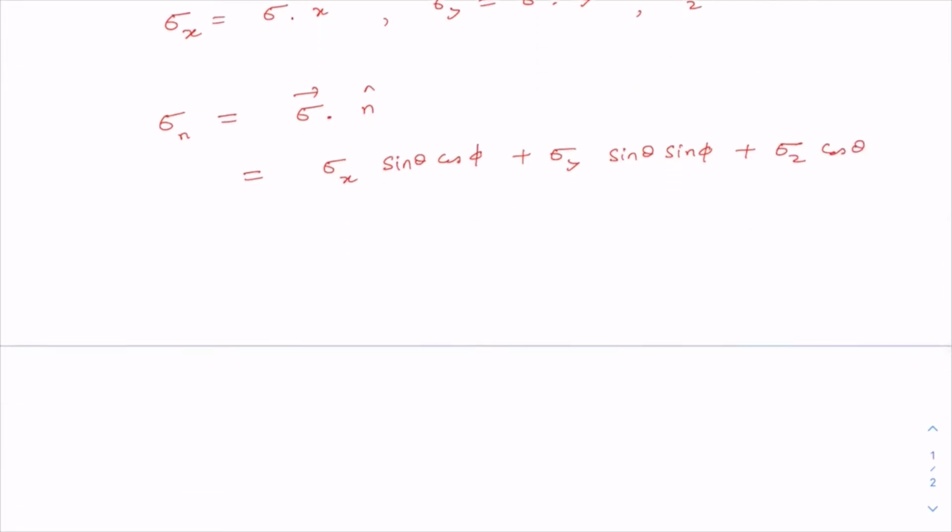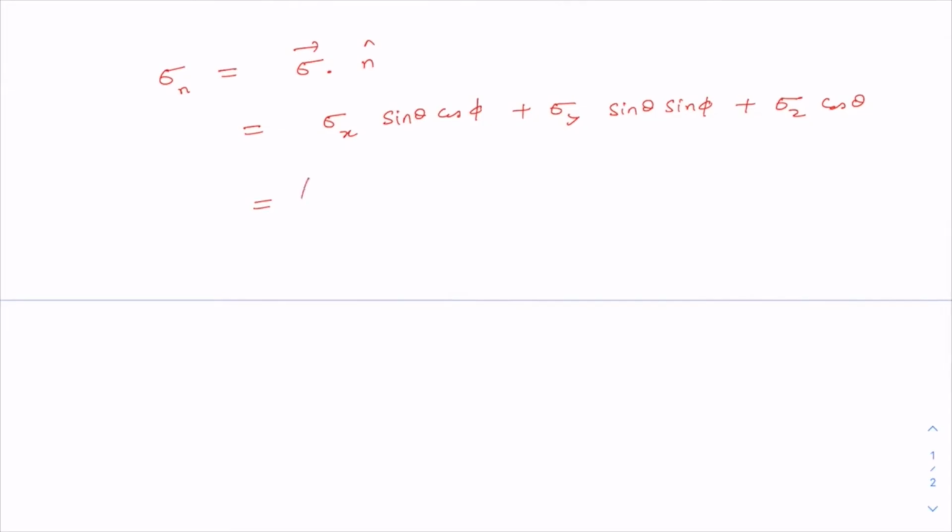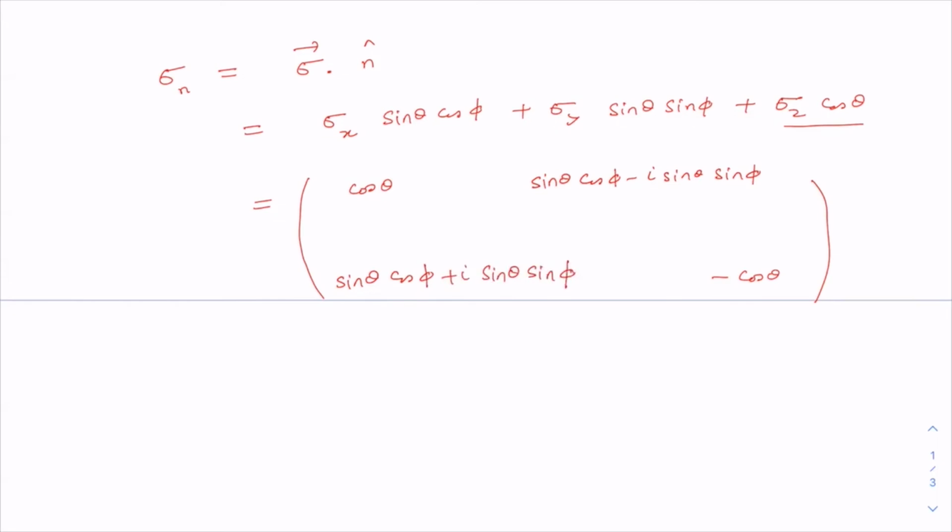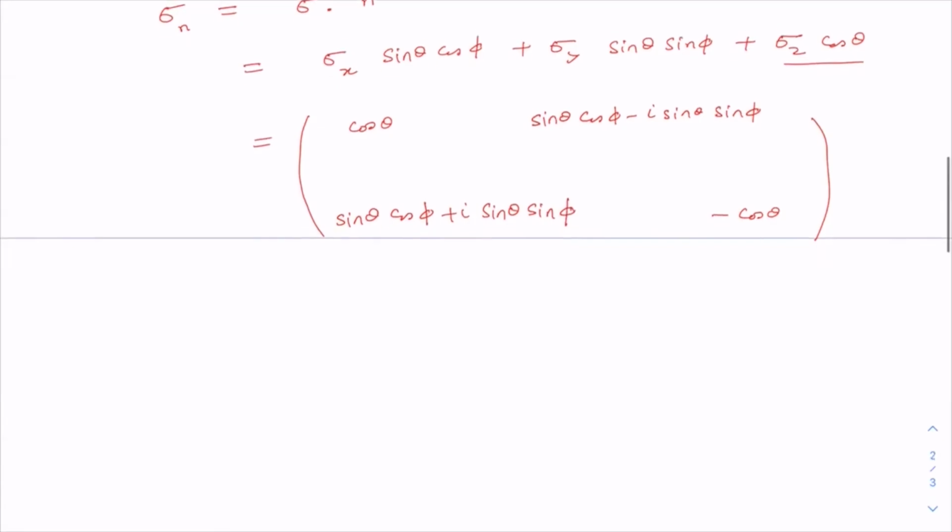Now I know the matrix forms of sigma x, sigma y, and sigma z, so I can write the whole thing as a 2 by 2 matrix in this form. I will have here cos theta because of this, and here I will have minus cos theta. Then because of sigma x and sigma y, I will have here sine theta cos phi minus i sine theta sine phi, and here sine theta cos phi plus i sine theta sine phi. And of course this should be the case because this matrix is a Hermitian matrix.